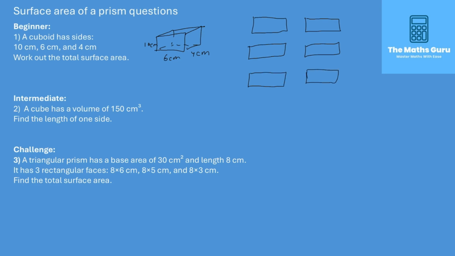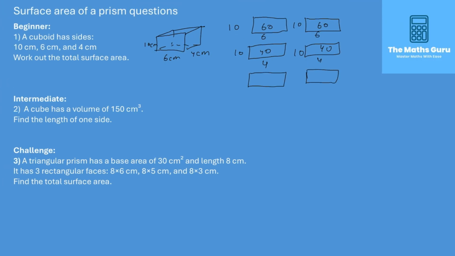Hence, we can work out that this is 10 by 6, which makes this 60, and this is 10 by 6, which is going to be 60 here, the front and back. Then, looking at the sides, we have 4 on the bottom, 10 on top, which makes this 40 and 40. Then, looking at top and bottom rectangles, we have 6 by 4, which makes this 24.